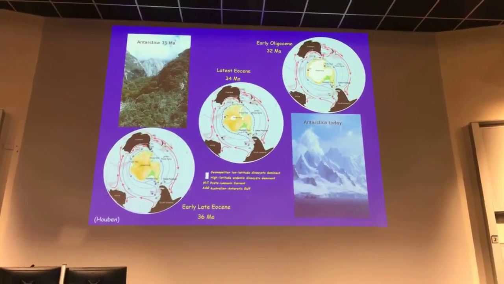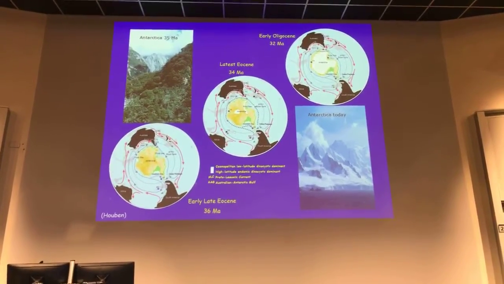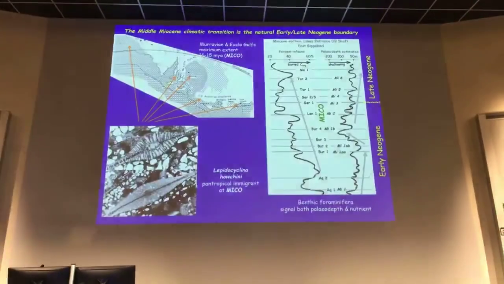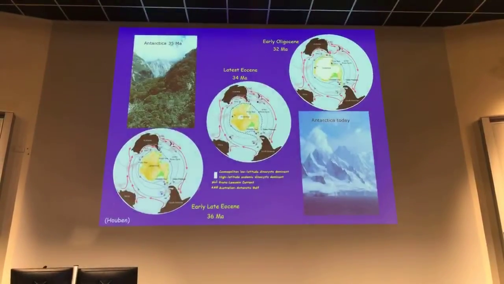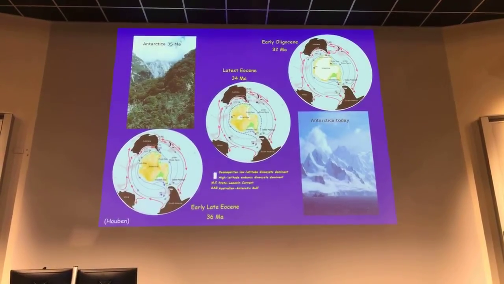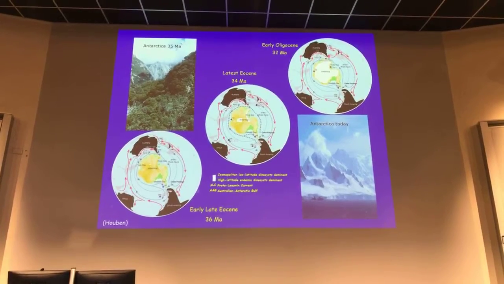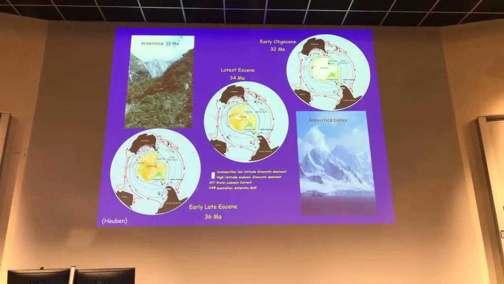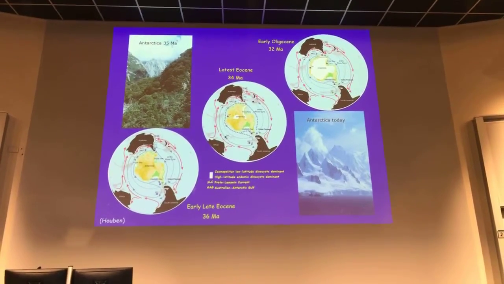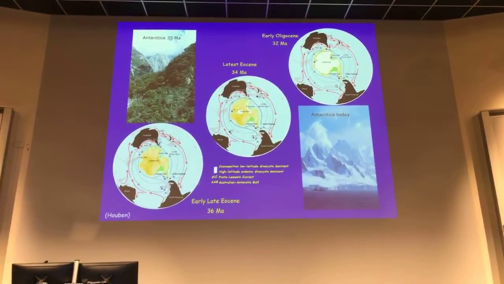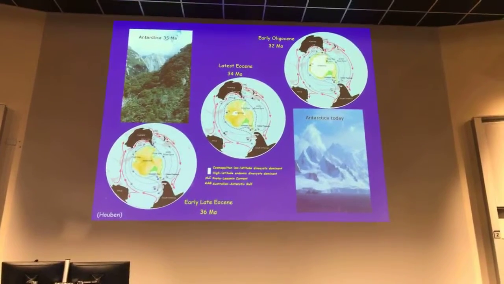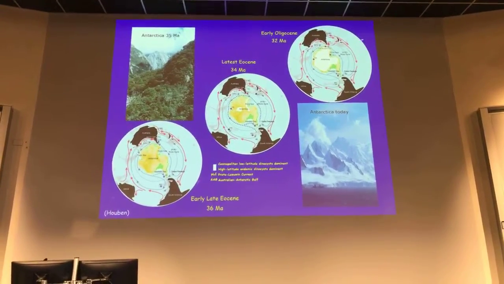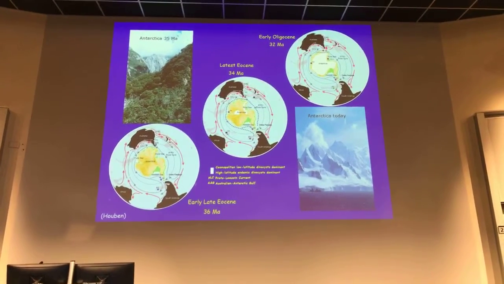Sander Huben at Utrecht, a PhD student, gave us this scenario from the late Eocene, mostly unglaciated Antarctica, the beginnings of ice in the latest Eocene, and then fairly quickly in the early Oligocene, we're getting the solid cover of ice on Antarctica.